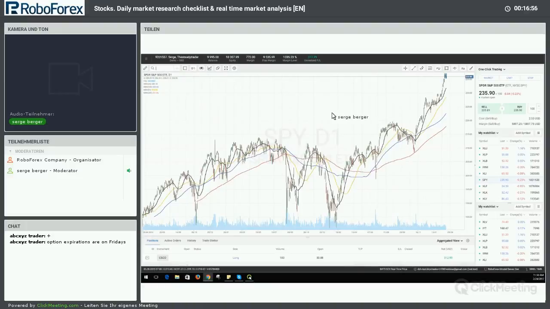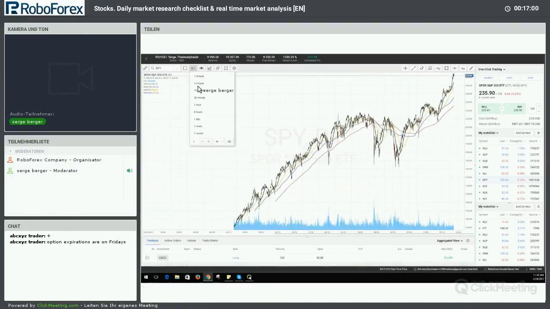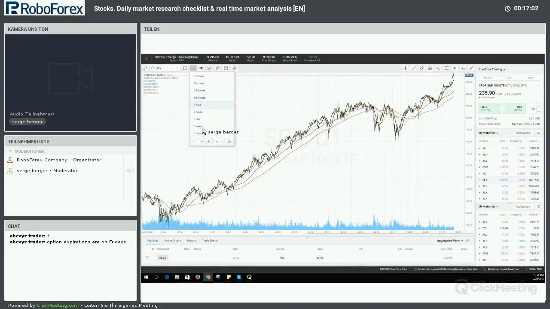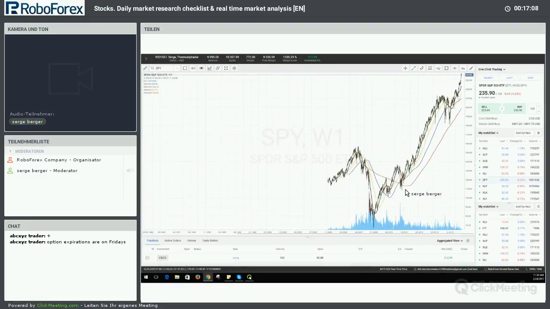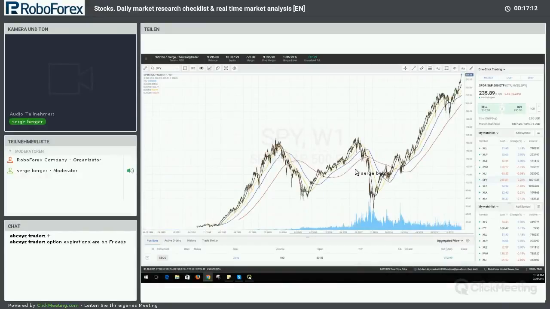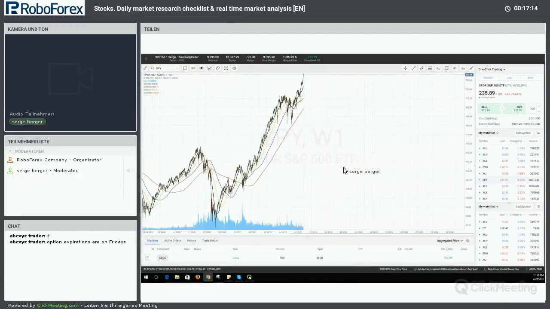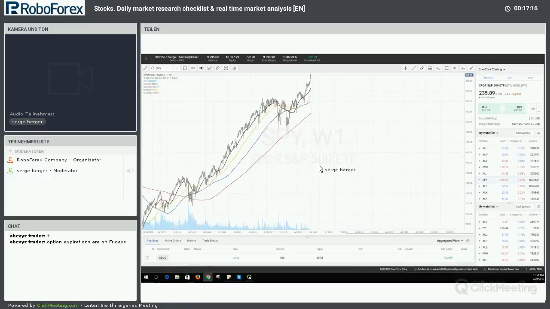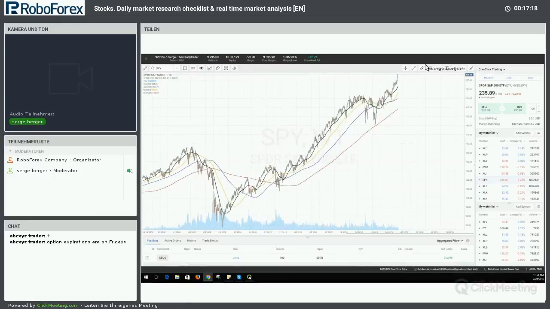So if you look at the S&P 500, let's make this a weekly chart, and you can see how this fits into the broader analysis.